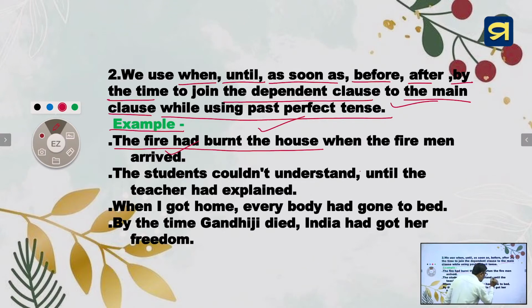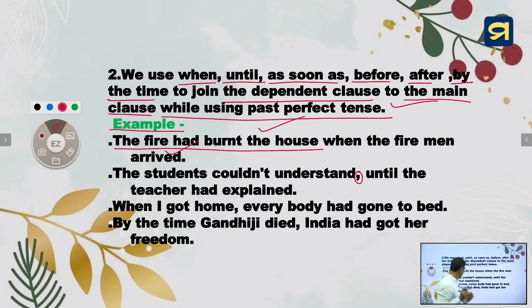You do not need a comma here. Dear students, when you use a subordinating conjunction at the beginning of the sentence, a comma is needed. When you use a subordinating conjunction after the main clause, there is no need of any comma.